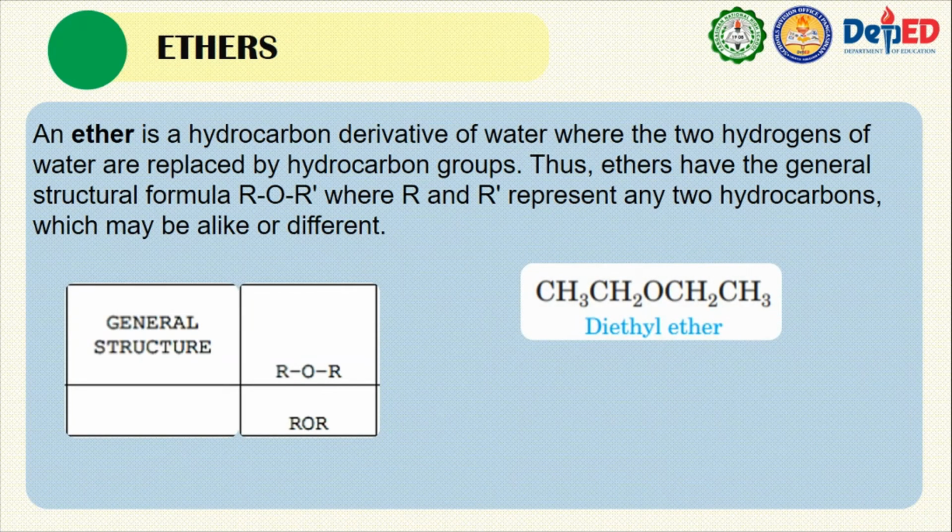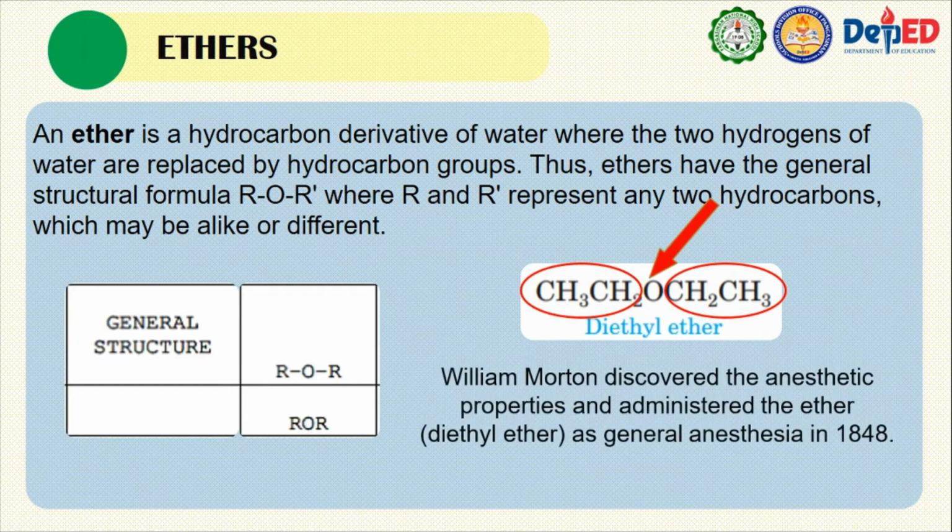For example, this is diethyl ether. The oxygen is bonded to two hydrocarbon groups. William Morton discovered the anesthetic properties and administered the ether, or diethyl ether, as general anesthesia in 1848.